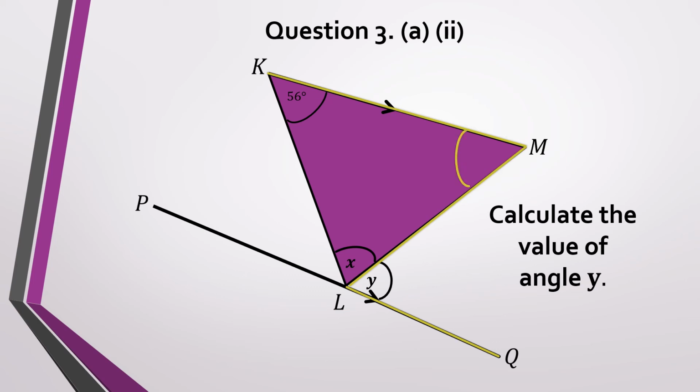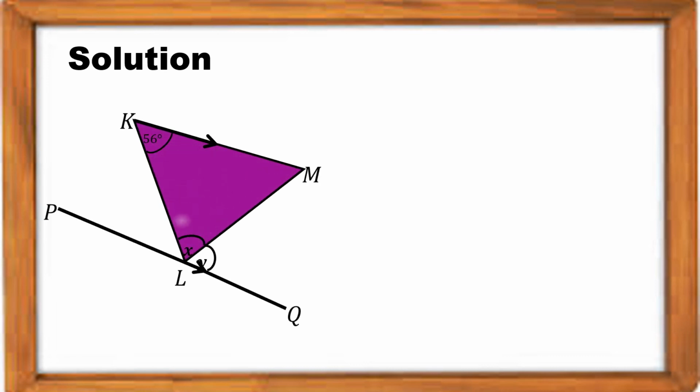So you'll notice that if we look at the parallel lines KM and PQ, this line LM is what we will call a transversal, because it cuts a pair of parallel lines. You'll remember that elementary set of geometry from back in Form 1. That's what you're going to be using here. Something as simple as that is going to help you get the answer.